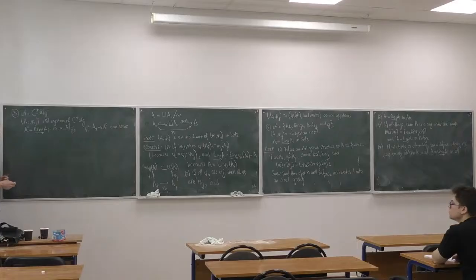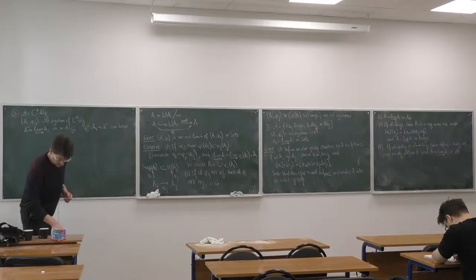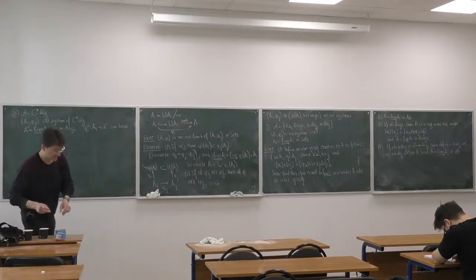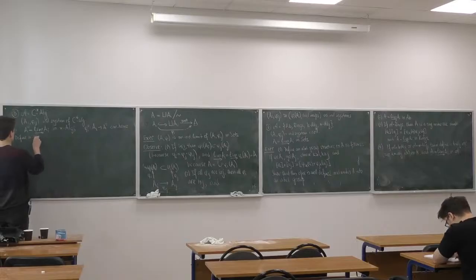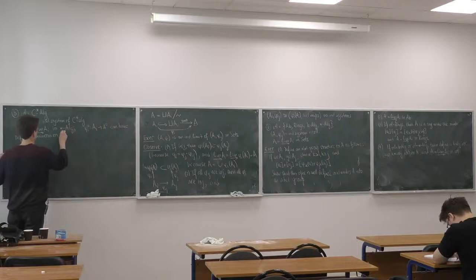So in general, A0 is not a C-star algebra, but we can modify it to make it into a C-star algebra in the following way. First of all, we define a seminorm on A0 as follows.